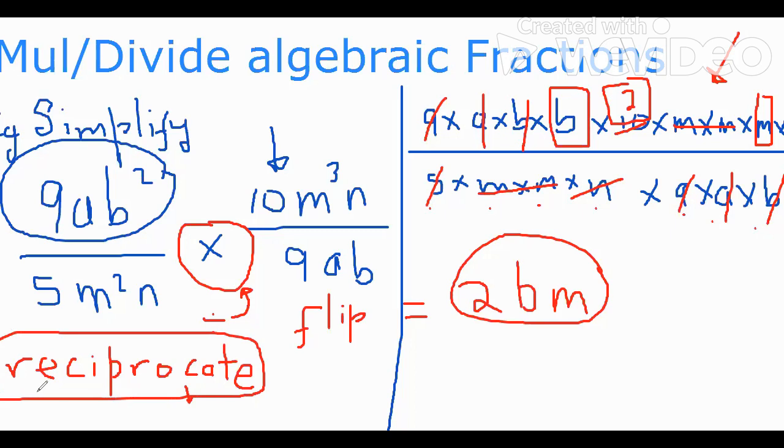Spell reciprocate. Reciprocate is spelled RECIPROCATE. Hey, so don't have life easy. You just tell us something, sir. No, man, I'm just saying generally. All right.